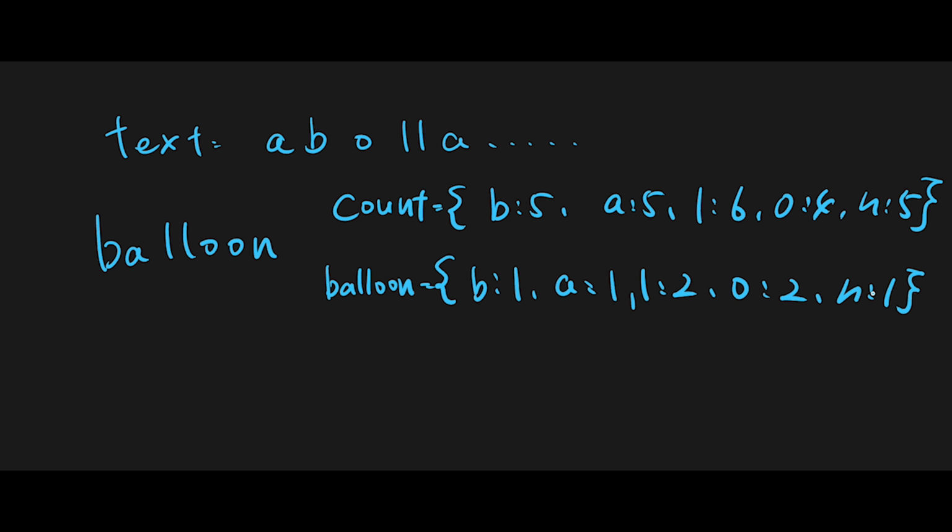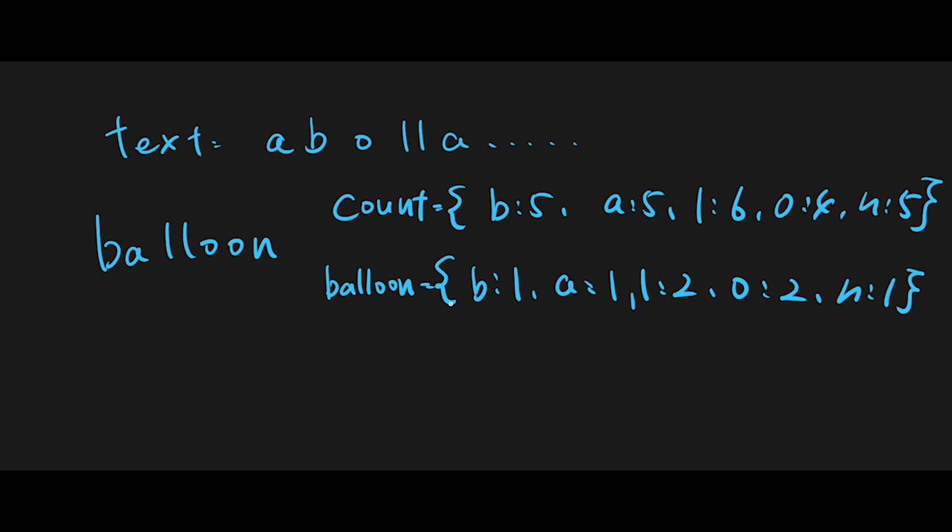At this point, we have two hash maps, one containing the character count from text, and another containing the character count required for balloon. We iterate through the balloon hash map and divide the count of each character in text by the number of times that character is needed in balloon.